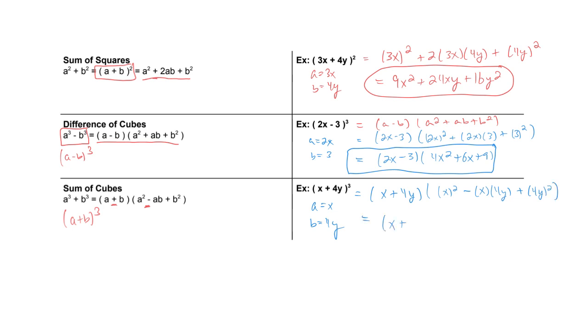So our final answer is x plus 4y times x squared minus 4xy plus 16y squared. And again, the cubes definitely save you a bunch of time if you're given a nice sum of cubes or difference of cubes.